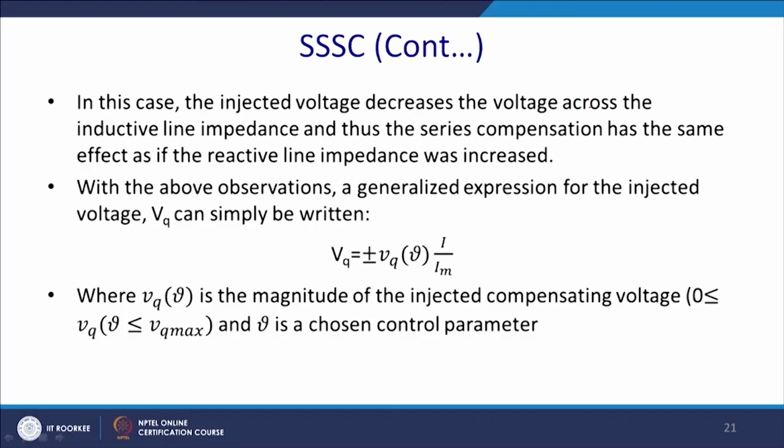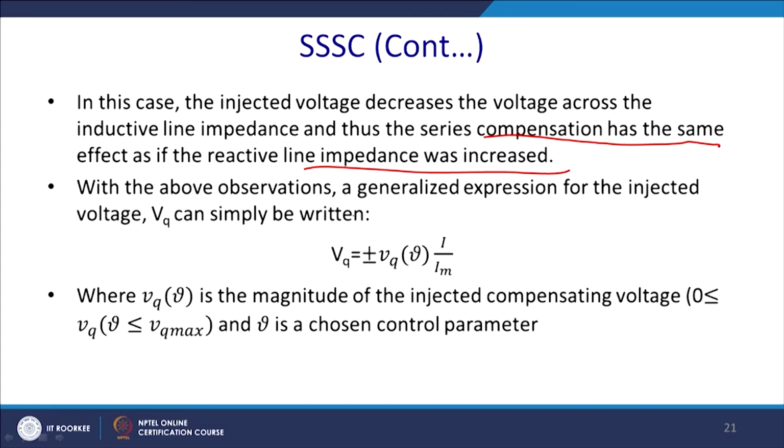In this case the injected voltage decreases the voltage across the inductive line impedance, and thus the series compensation has the same effect as if the reactive line impedance was increased. So, this is the principle of operation.